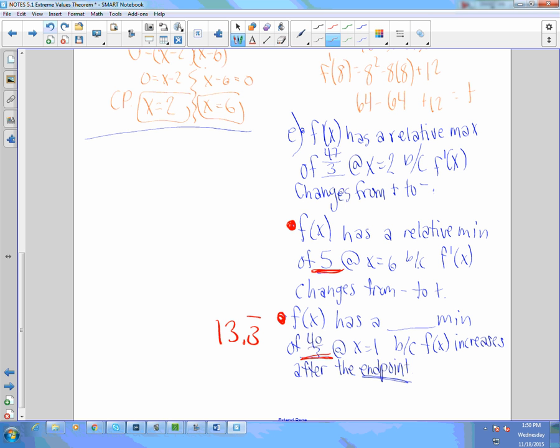So which one's actually the lowest? 5 or 13.3? 5. So instead of relative, we should call this one the absolute. And this one we should call relative.